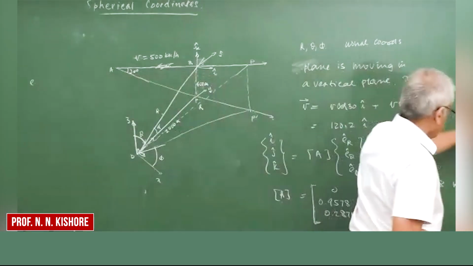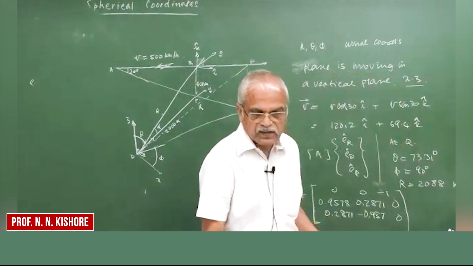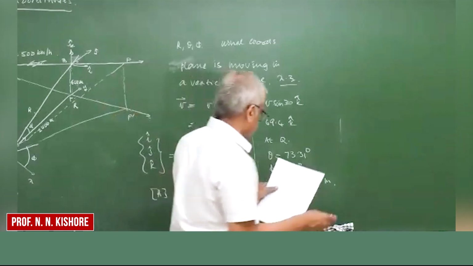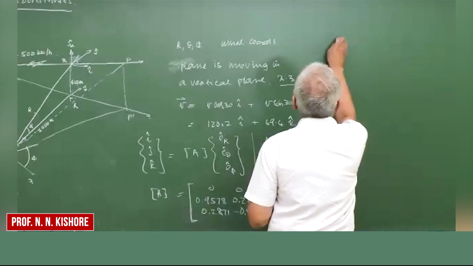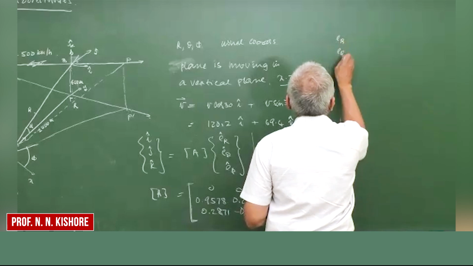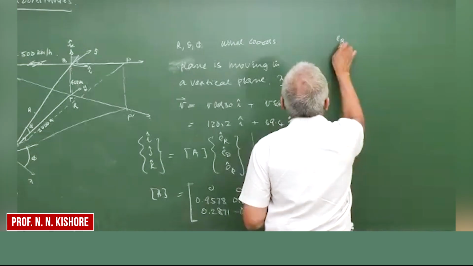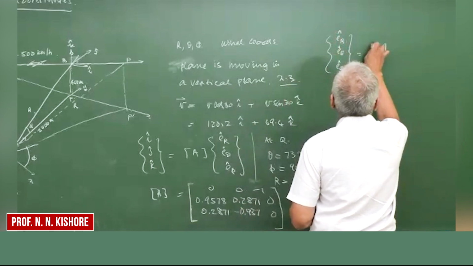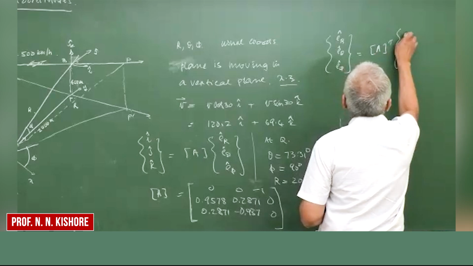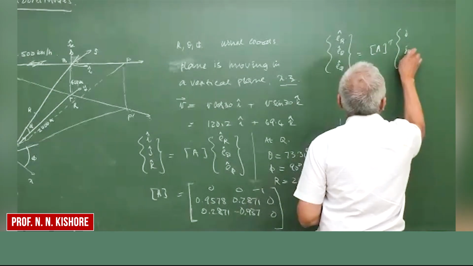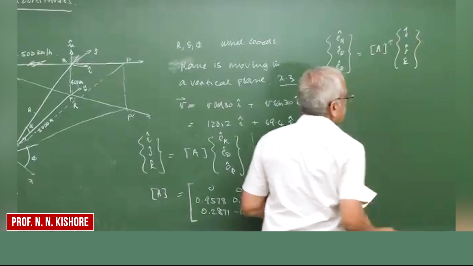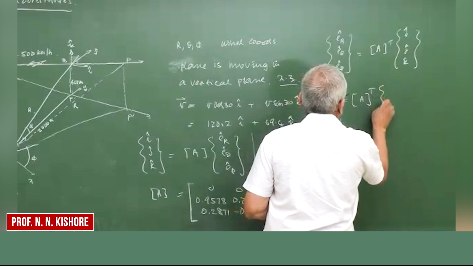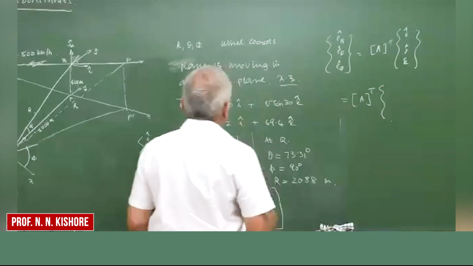I'll continue here, it's almost done. So e_r, e_theta, e_phi is nothing but A transpose times i, j, k. So if you have the ijk components here, what are the ijk components?